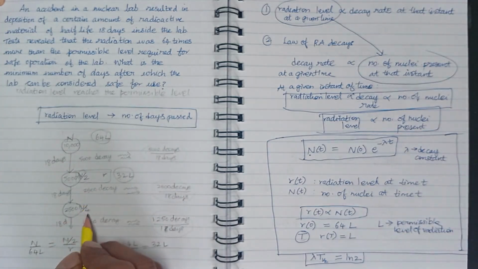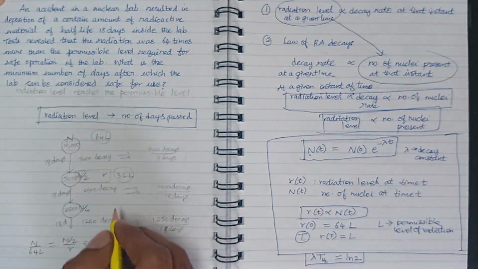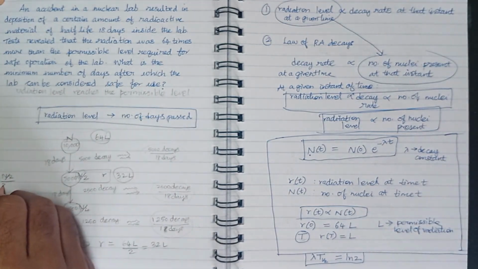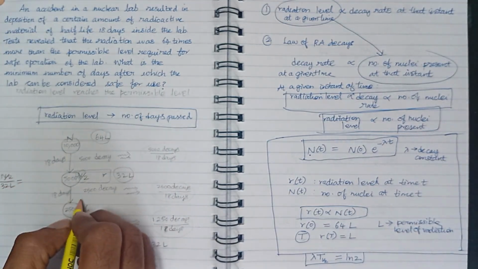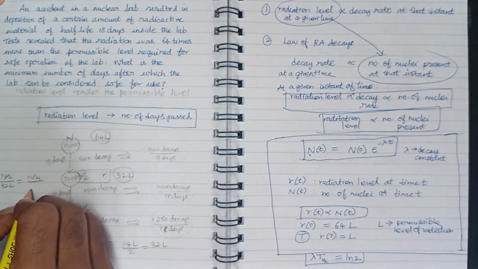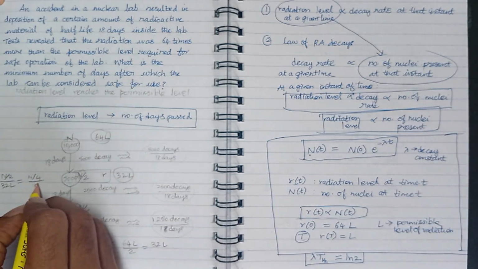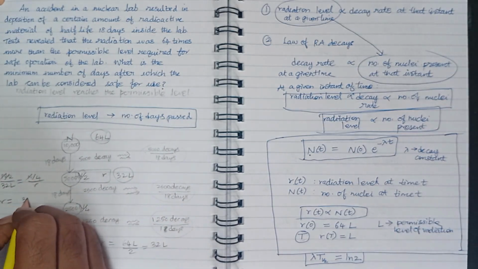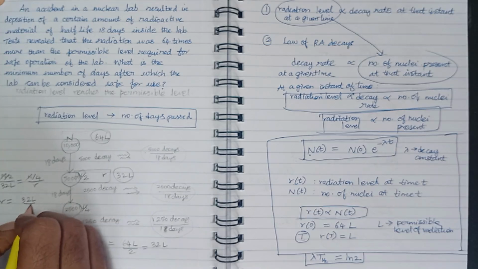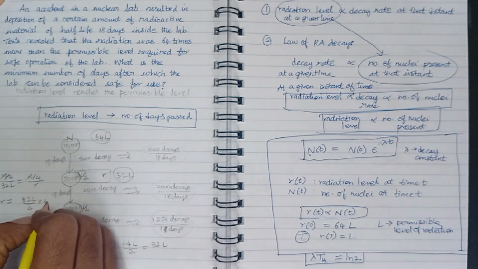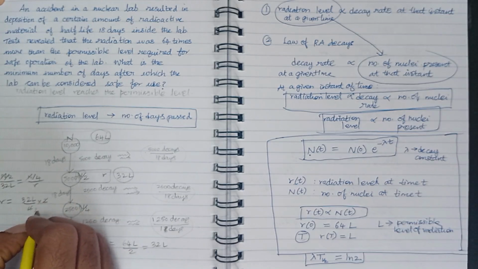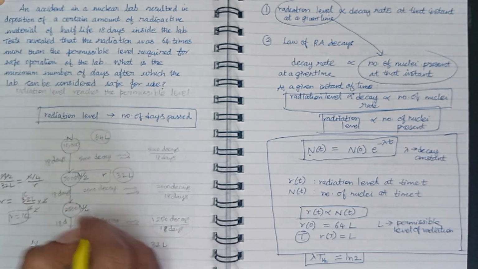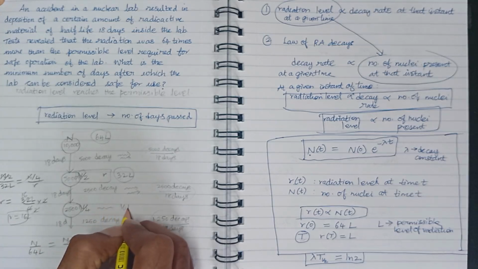If you continue the process, here I can write N by 2 divided by 32L equals N by 4 divided by the radiation level R. So R equals, N gets cancelled, 32L by 2, which is 16L.